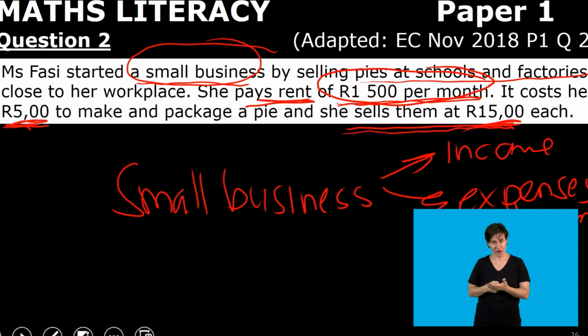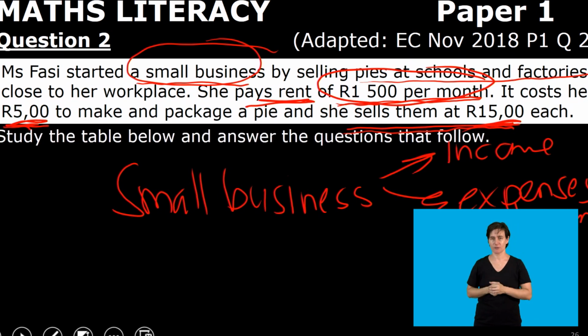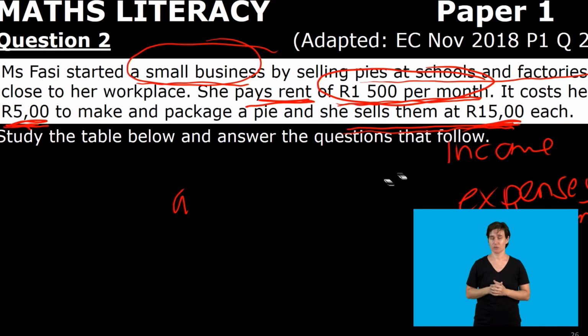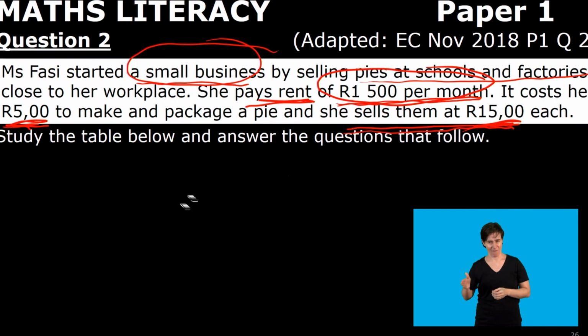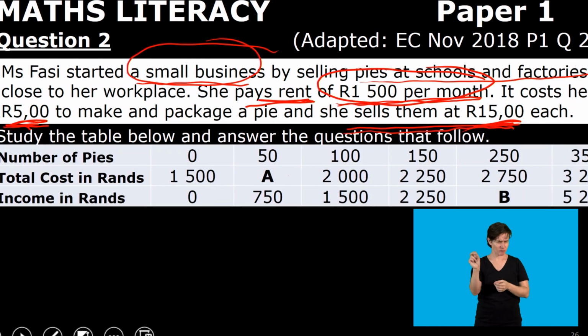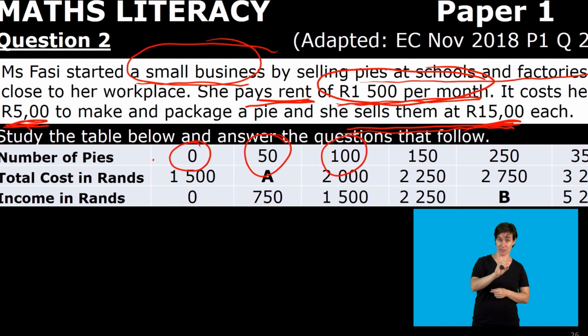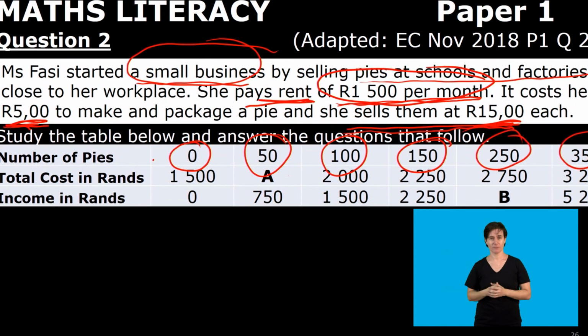What's the question? Study the table below and answer the questions that follow. So let's make space to read the question. Can you see that you scribble and take notes quite a lot? Now, the number of pies is 0, 50, 100, 150, 250, and 350.